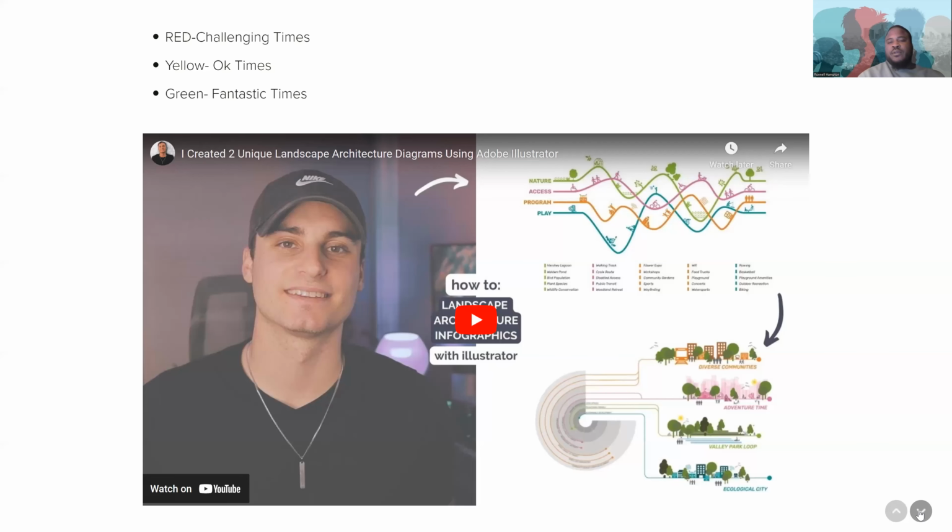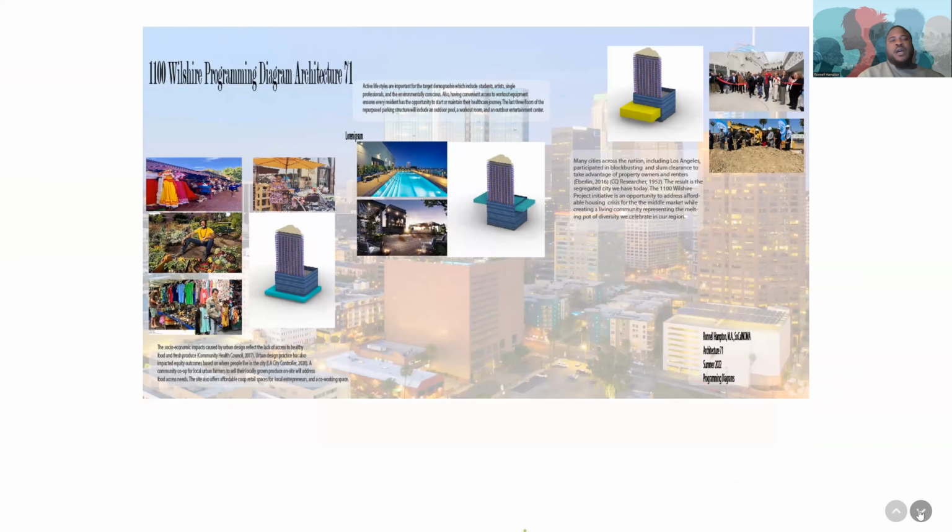Okay, cool. So, programming diagram. This isn't a landscape, but I did want to use some of the projects that I've done to facilitate this discussion, because when you're developing your projects for your final, you can incorporate some of these components into your project as well.